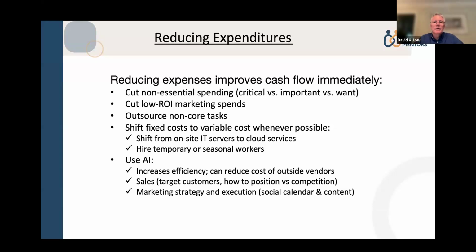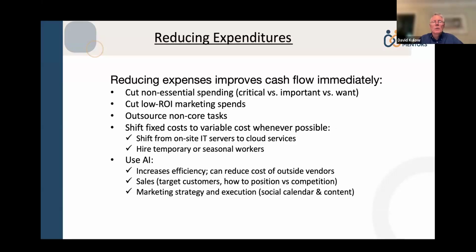Reducing your expenditures. There are ways, again, to reduce your expenses, because if you cut your costs, that improves your cash flow immediately. So try to cut out all non-essential spending. And again, to reiterate, critical versus important versus nice or want decision making.